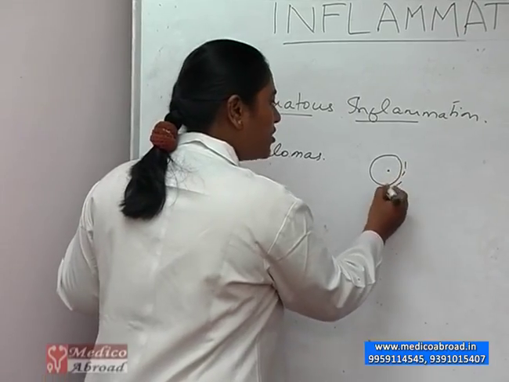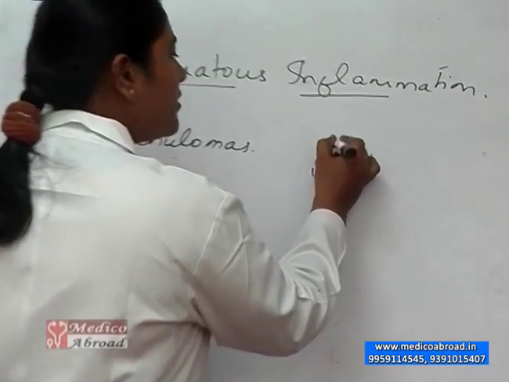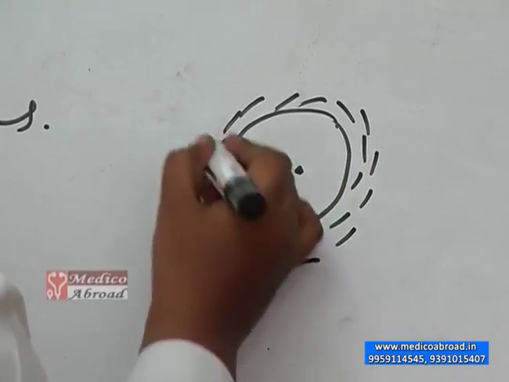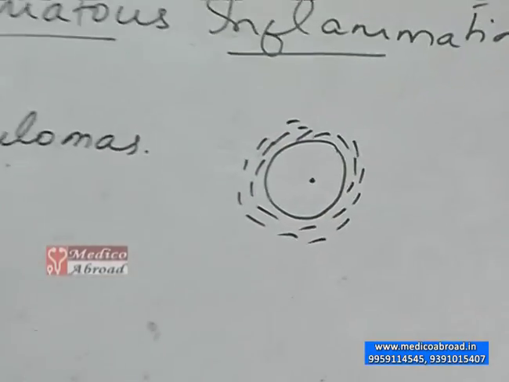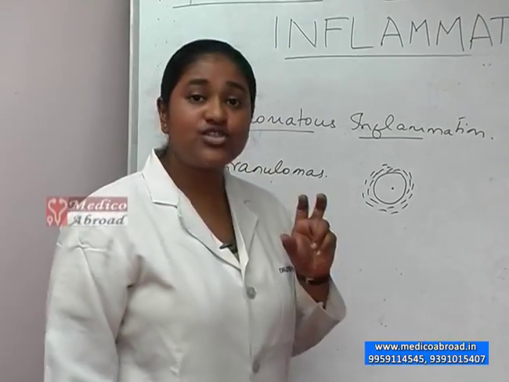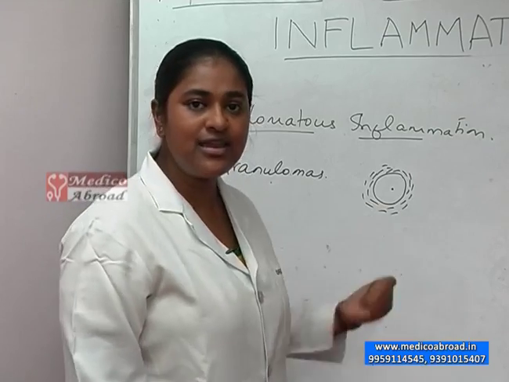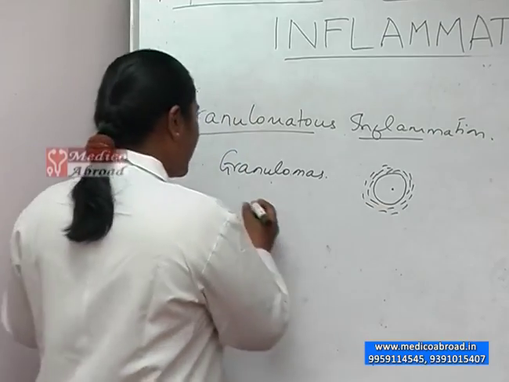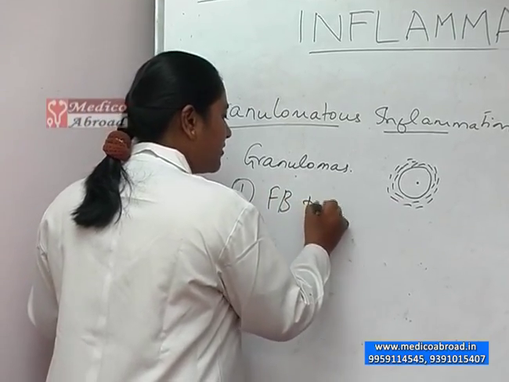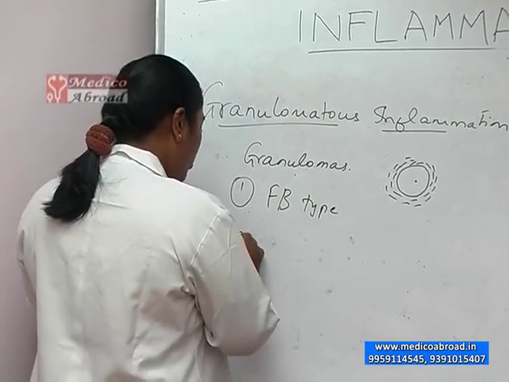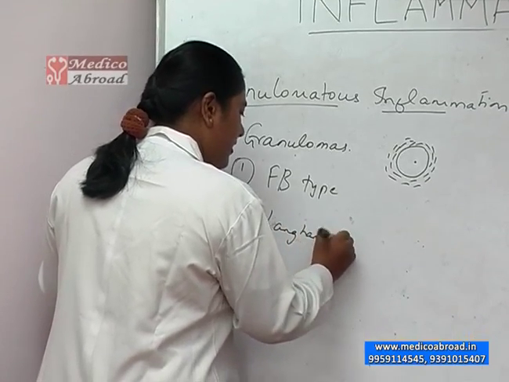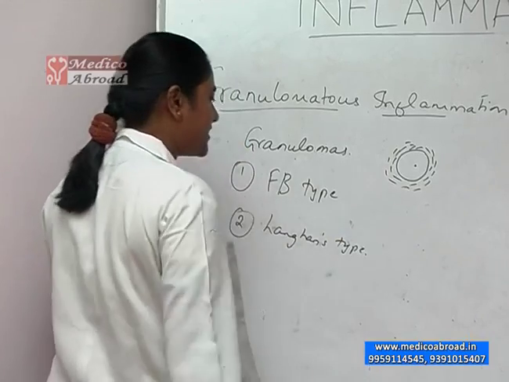Sometimes they may also have a band of fibrocytes surrounding them. This happens in long-standing granulomas. There are two types of giant cells that you may see in granulomas. One is a foreign body type giant cell. Two, Langhans type giant cell.